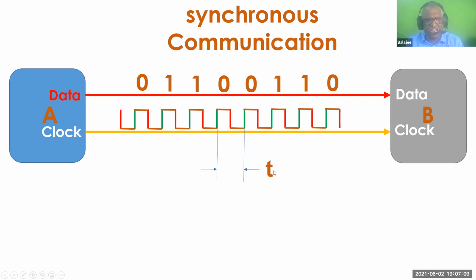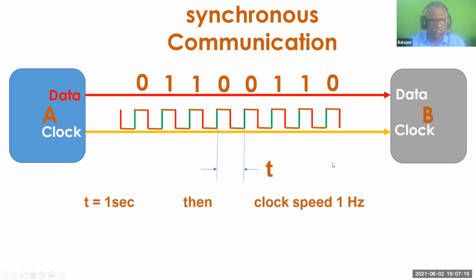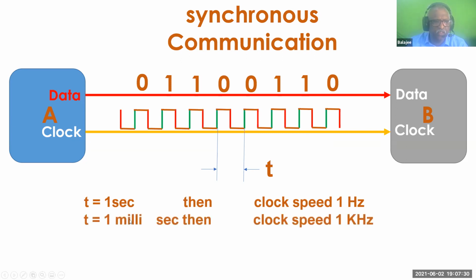Now the T is a time. The T could be 1 second, on and off like a pendulum. In that case, we call this a clock speed of 1 hertz. That means you are transmitting 1 bit per second. Now if it is 1 millisecond, that is 1 by 1000 of a second, then the clock speed is 1 kilohertz.